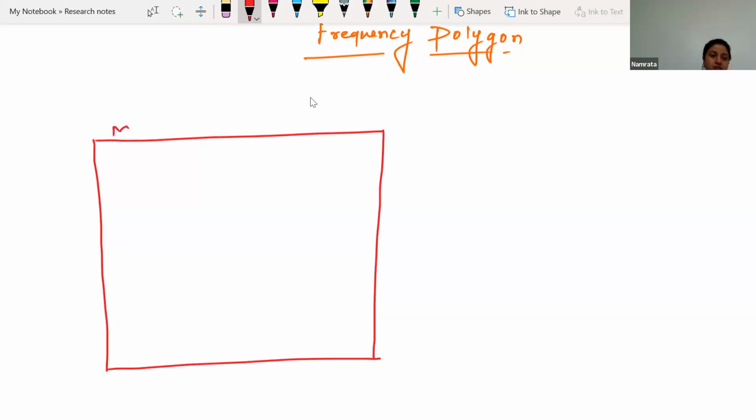Let's say the marks of the students are given over here, and the number of students, that means the frequency, is given over here.